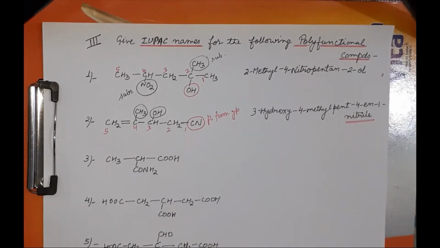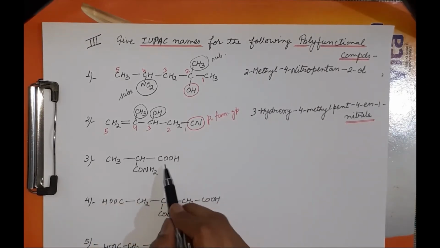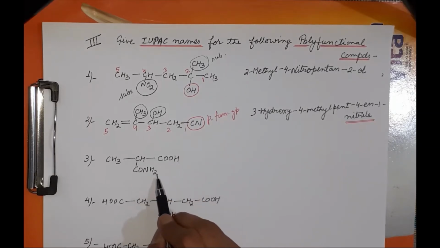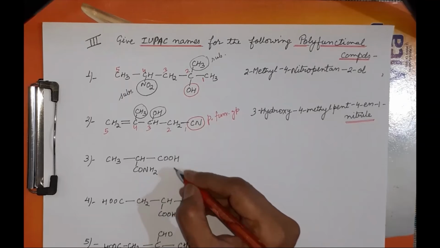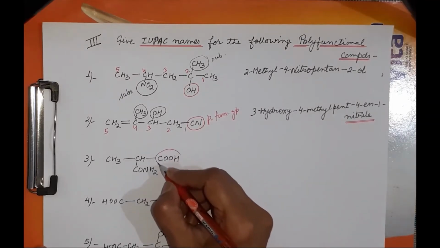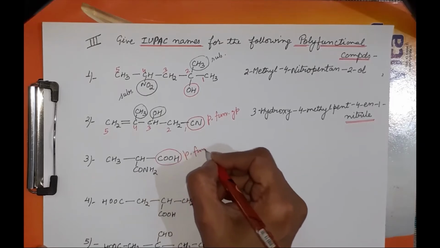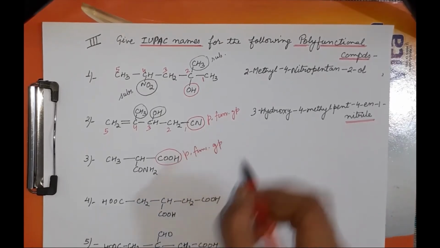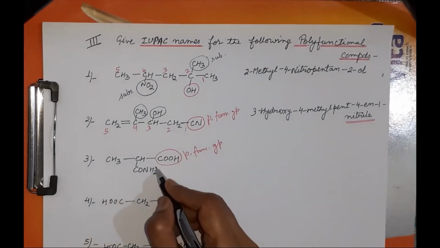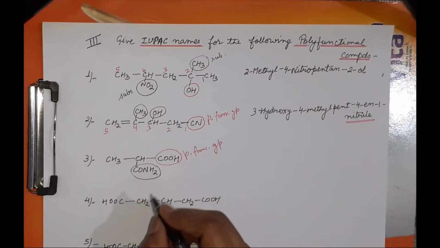So next example we can see. In this example also, COH and CONH2, these two functional groups are there. So according to the priority table, this COH group will be the principal functional group, and this CONH2 will be the substituent.